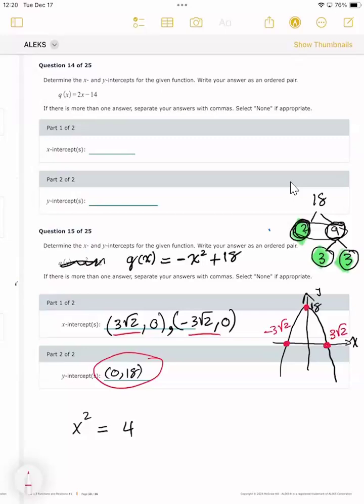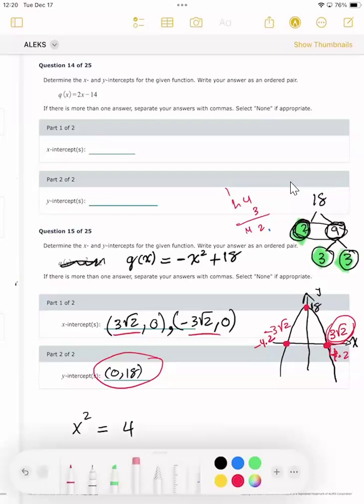Just to give you a rough estimate, this point here is about negative 4.2, and this one is positive 4.2. 3 times the square root of 2 is about 4.2.